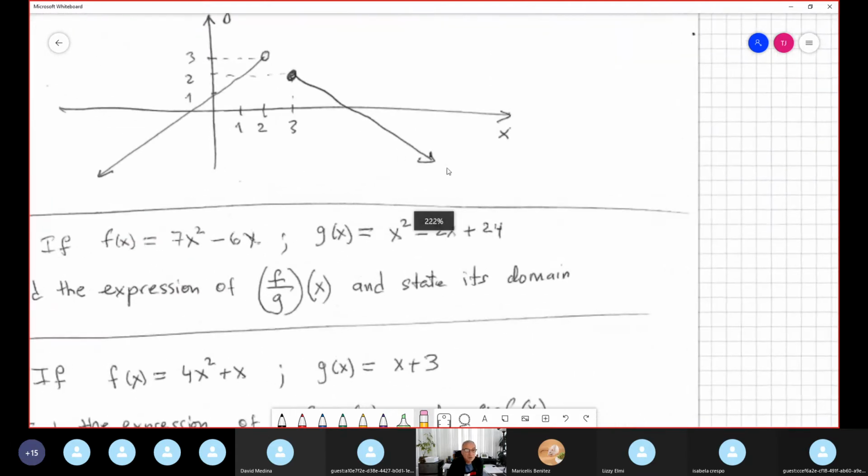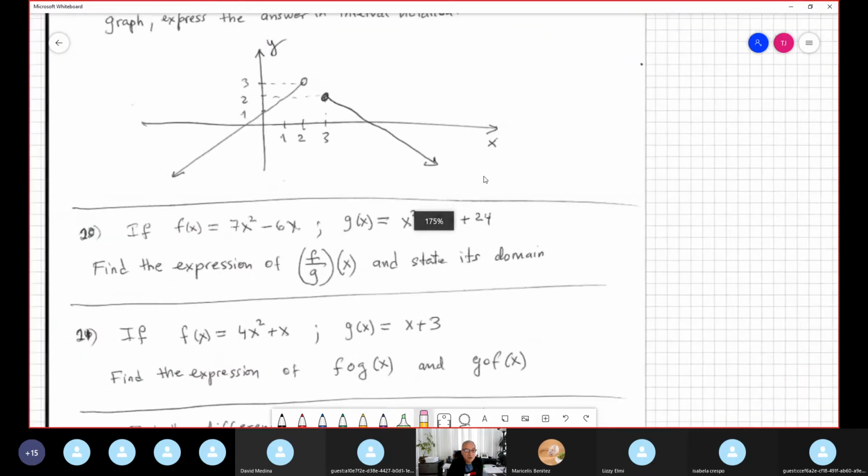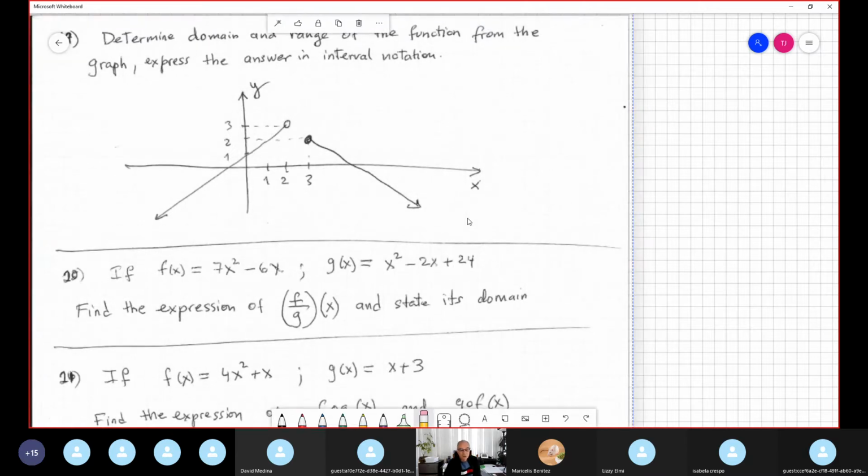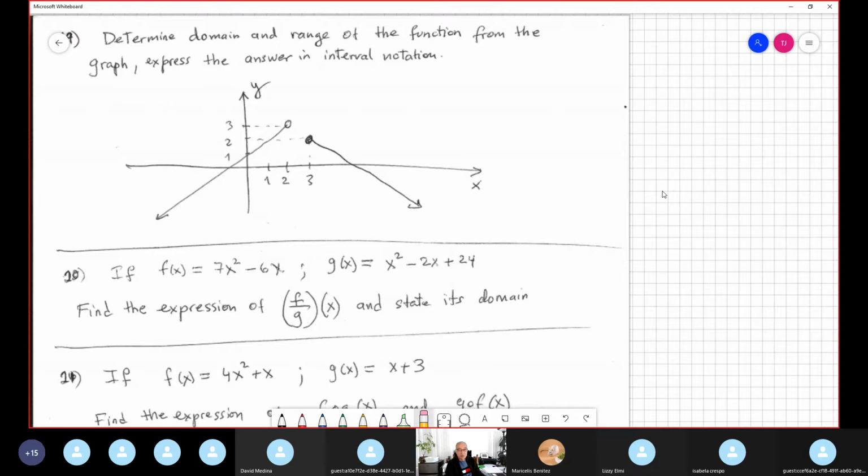Domain and range. Remember, domain is the set of the x values in which the function is defined. So it's undefined when you have a hole like that. This is a hole. This is a hole. Entonces it's undefined here.